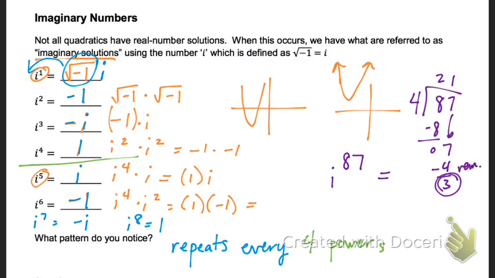If my remainder is 3, which one is it going to match with? The first, second, third, or fourth power? Third. So then my answer would be negative i.